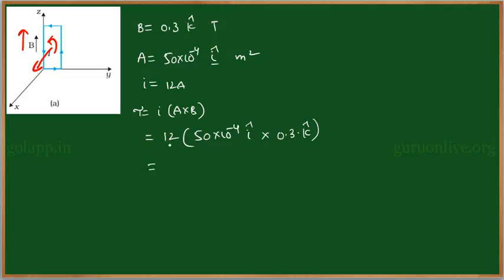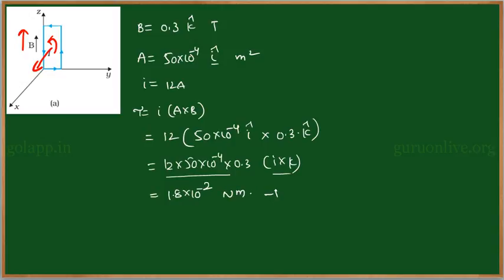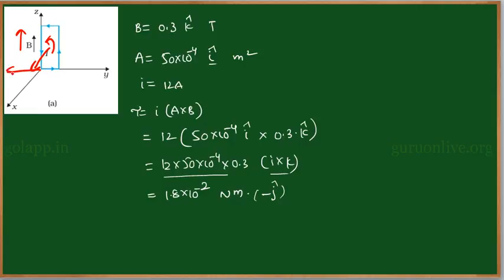Taking the numerical part to one side, 12 into 50 into 10 to the power of minus 4 into 0.3 into i cross k. The result of i cross k is minus j. If I multiply this, I will get 1.8 into 10 to the power of minus 2 Newton meter in the direction minus j. Minus j means it is in the negative y-axis direction. So the direction of the torque is towards the negative y-axis.